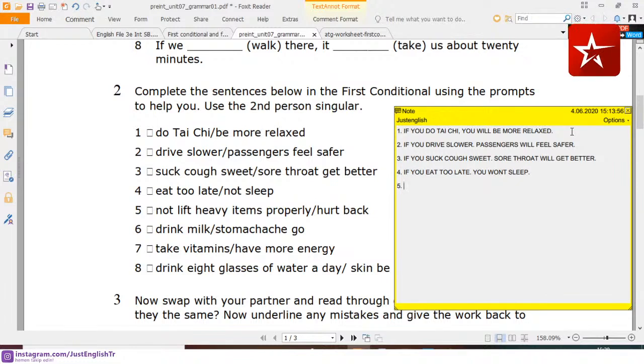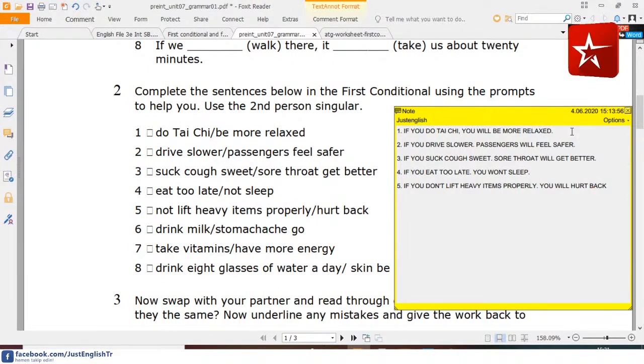Firstly, yes, I got some. If you don't lift heavy items properly, you will hurt your back.